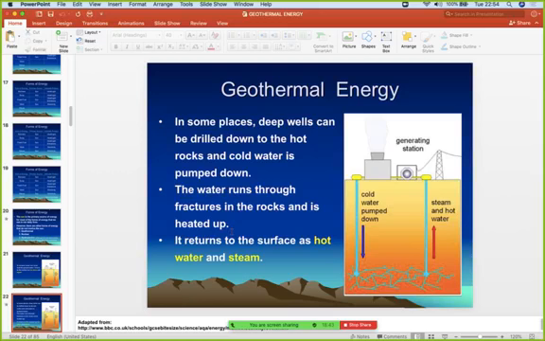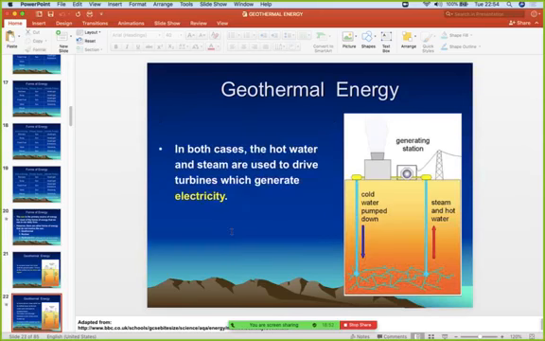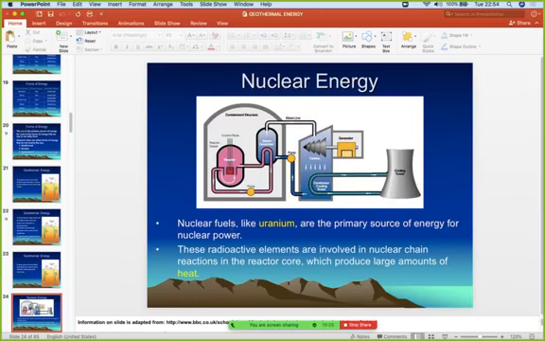So it returns upward as hot water and steam. The hot water and steam are used to drive the turbines which generate electricity for the geothermal energy. Okay? So after geothermal, we go now to nuclear energy.